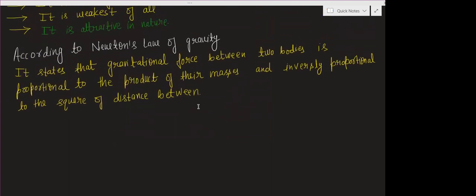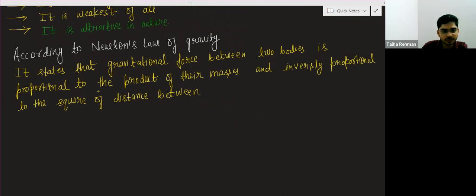Okay. So according to Newton, force is directly proportional to the product of the masses and is inversely proportional to the square of the distance. Suppose here is one mass m1, here is another mass m2.